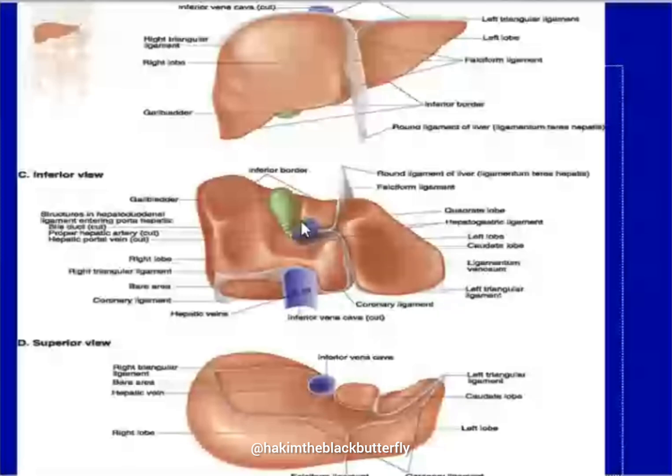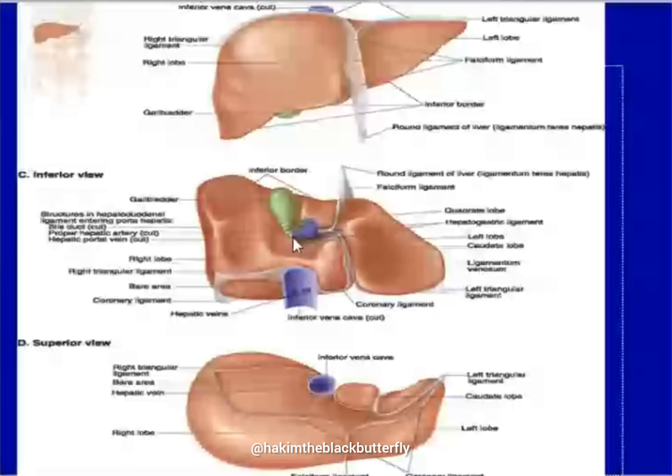So blood enters the liver on the inferior surface at this point known as the porta hepatis. Portal vein is entering, hepatic artery is entering, and bile ducts are leaving. This is the porta hepatis, the point of entrance of the blood vessels and exit of the bile ducts.